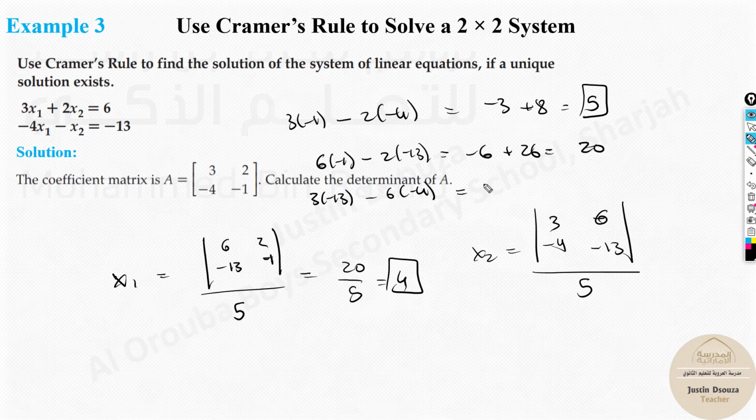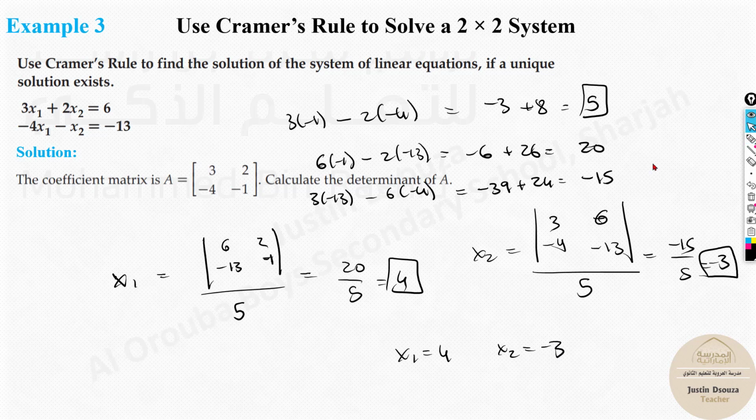So we have over here 3 times minus 13 is negative 39, plus 6 times 4 is 24. So the answer over here would be minus 15. So it's minus 15 by 5. Answer is negative 3. The final solutions are x1 is 4, x2 is negative 3.